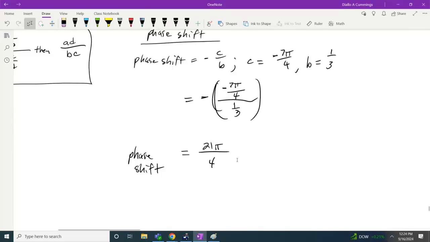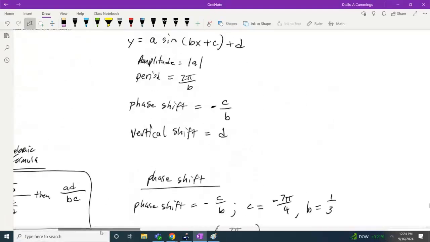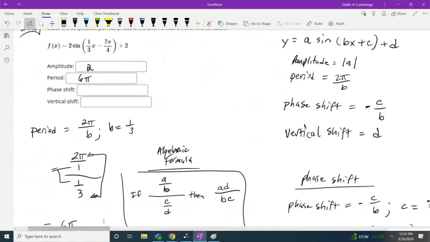What made the 1/3 negative as well? Because I see how the phase shift is minus C over D, which is the whole fraction. Right. But it's just the parentheses of the last one. Yeah, but when I see minus C over D, one of them has to be negative. Now inside of this parenthesis, that 1/3 is positive, but that 7 pi over 4 is negative.